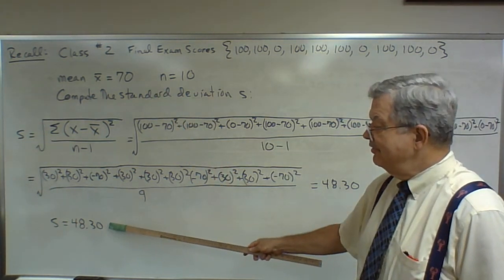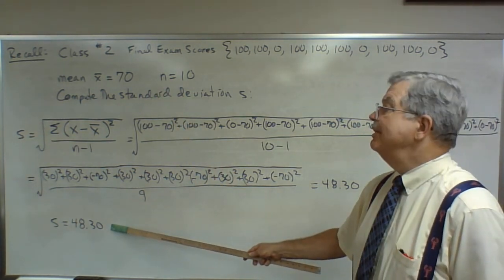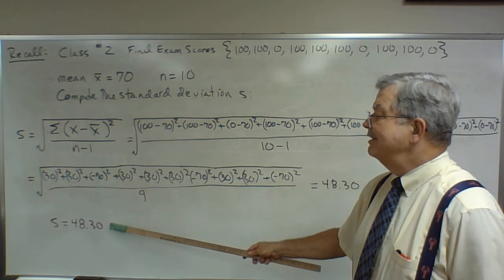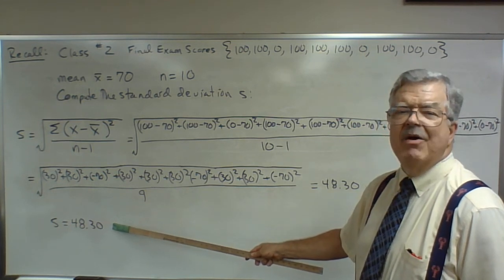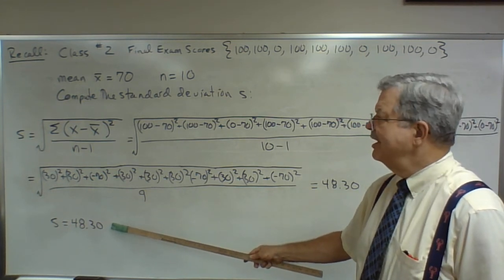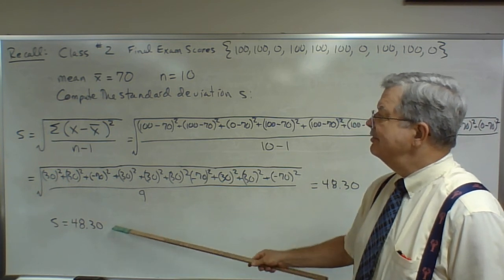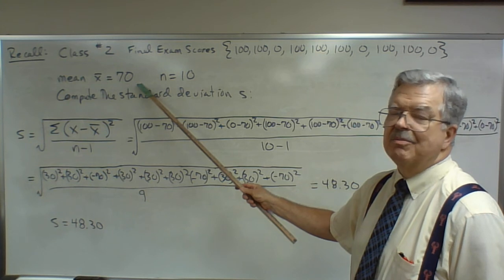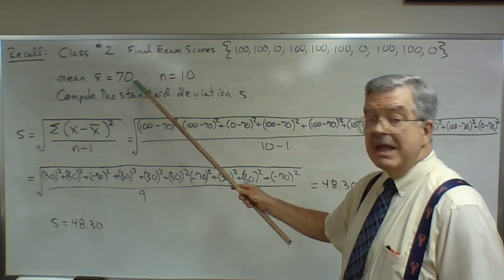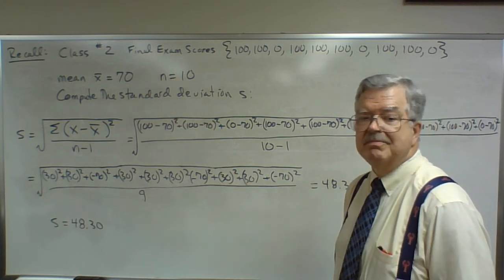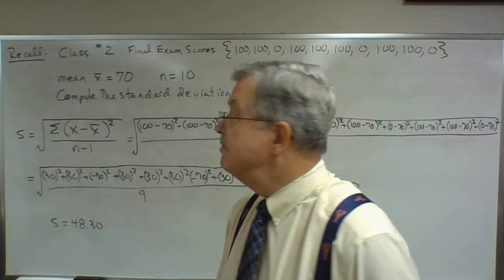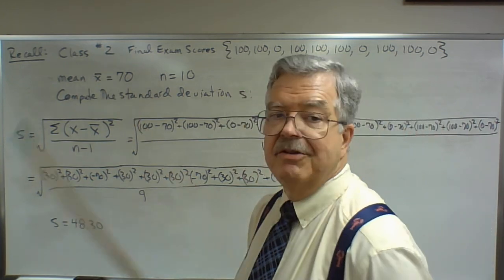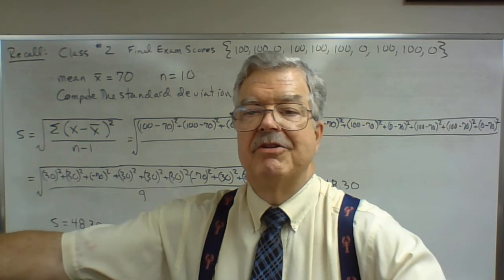But now that we see the standard deviation, we know these final exam scores are way over the place, all over the place. And so what that tells us is the average is 70, but we got some really good scores, some really poor scores, maybe some in the middle, who knows? Now let's do class 1 and see what their standard deviation is.